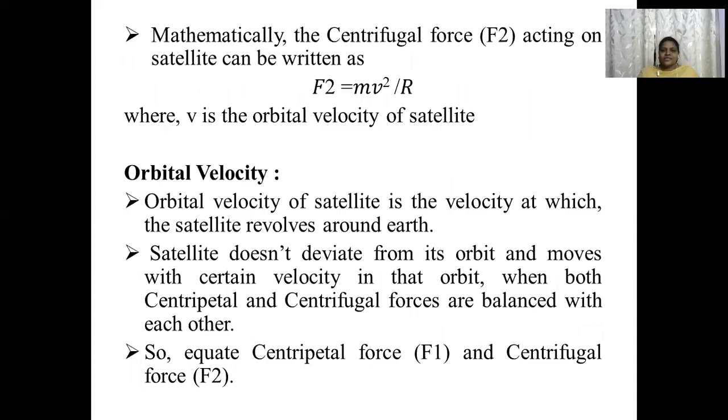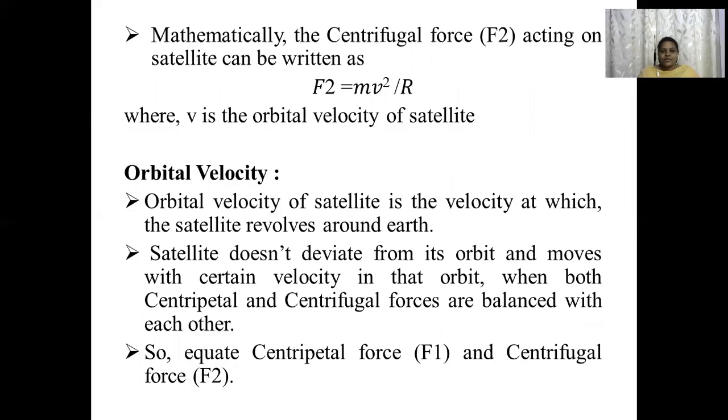Now small m represents the mass of the satellite. Here r represents the distance between the satellite and the Earth's center, and small v represents the orbital velocity of the satellite. Here we are introducing a new parameter, that is the orbital velocity of the satellite. So what is orbital velocity?